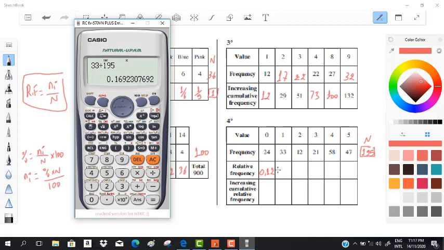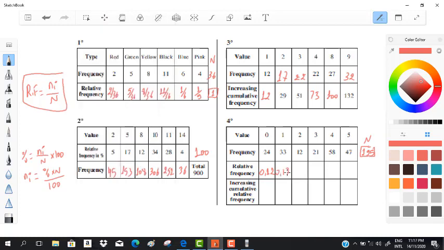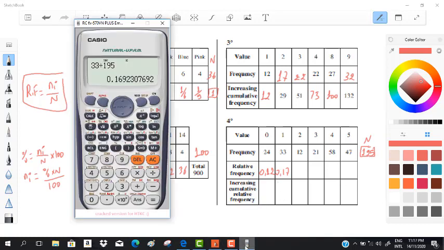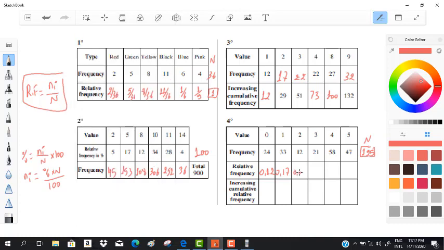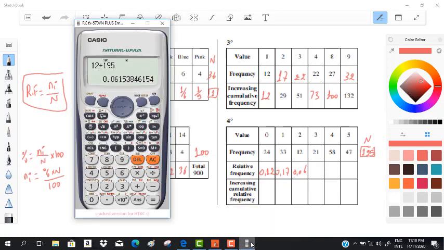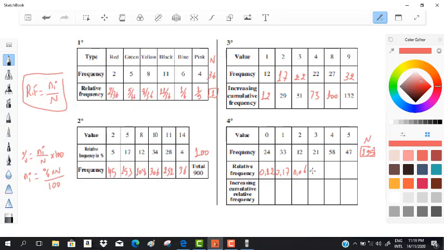I'm gonna write it as 0.17. Then 12 divided by 195 is 0.061. I'm gonna write it as 0.06. I'm rounding each value to the nearest 10 power minus 2. Then 21 divided by 195 is 0.107. I'm gonna write it as 0.11.